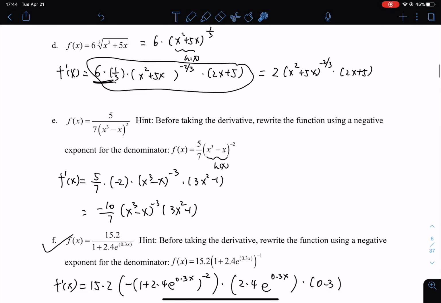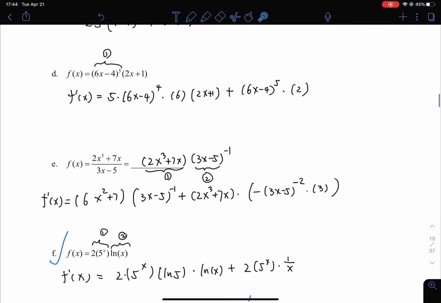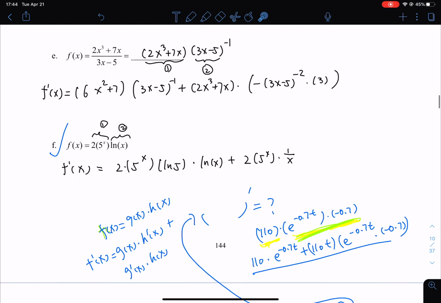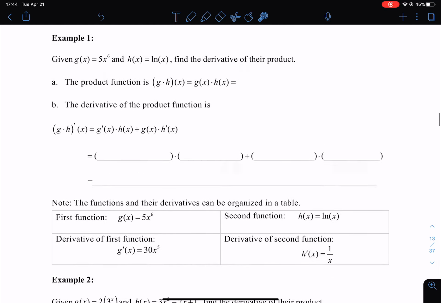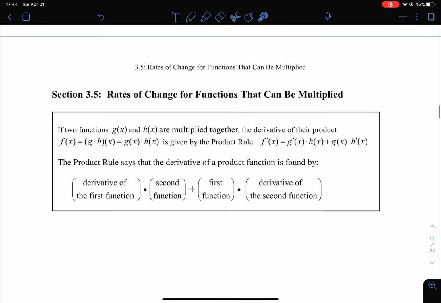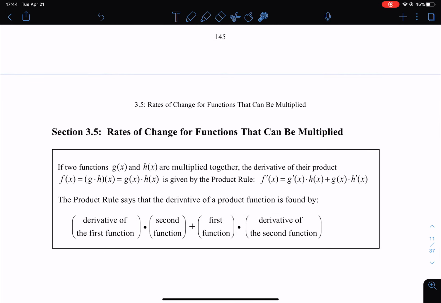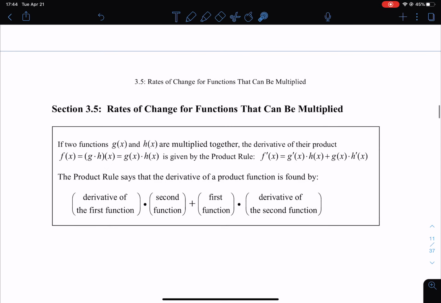And next part, section 3.5. This section is about rate of change. This is a difference from the last two sections.